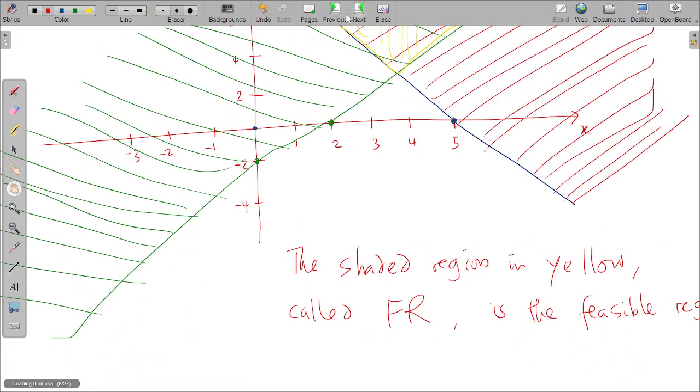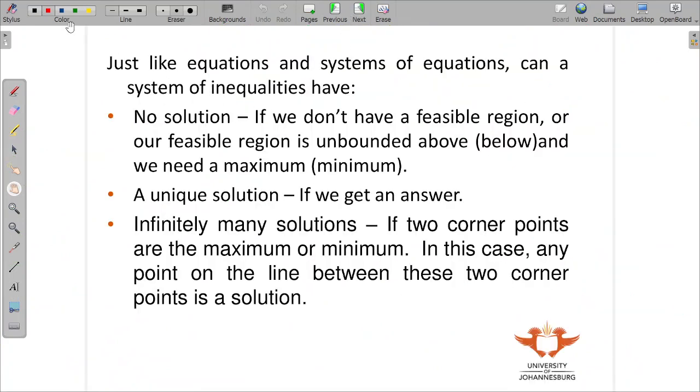All right. Now, just like systems of equations, systems of inequalities also have, number one, no solution. So we can also have no solution for a system of inequalities. This is if we don't have a visible region, a region that is common to all of them.